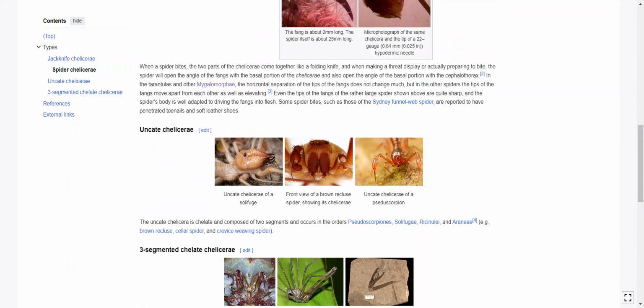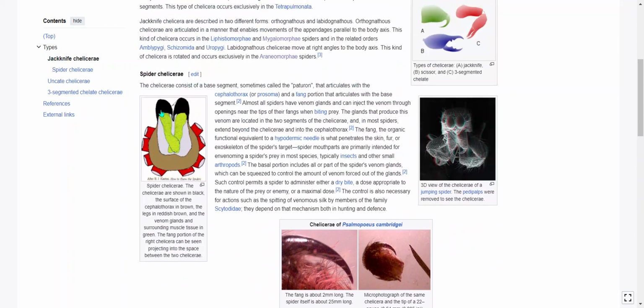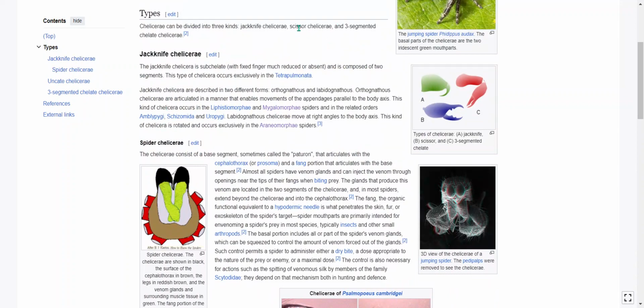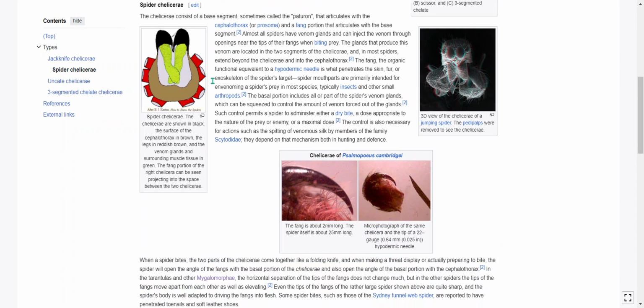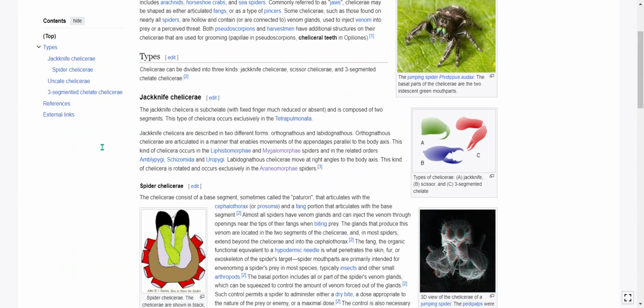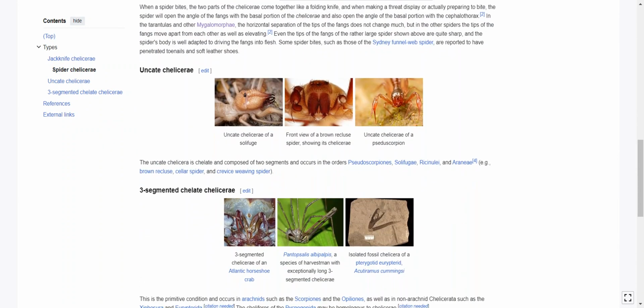Cool. We're on to finally the next section. Done with jackknife. The scissor chelicerae is the second type of chelicerae here, although this title, instead of saying scissor chelicerae, is uncate chelicerae.